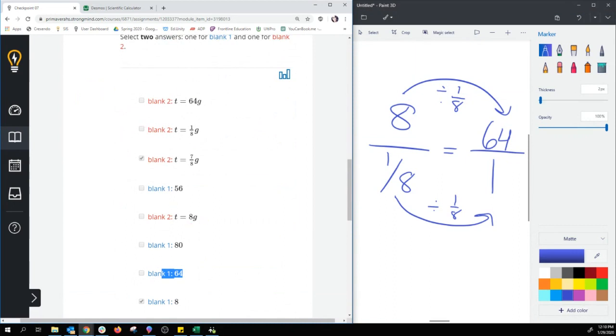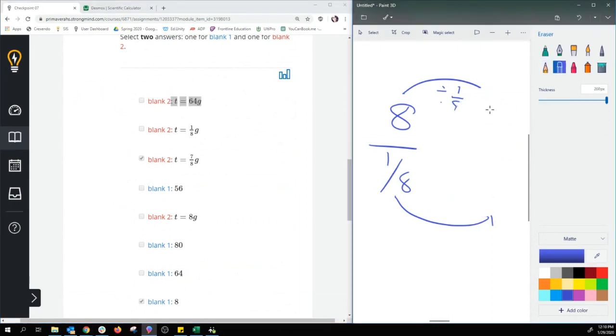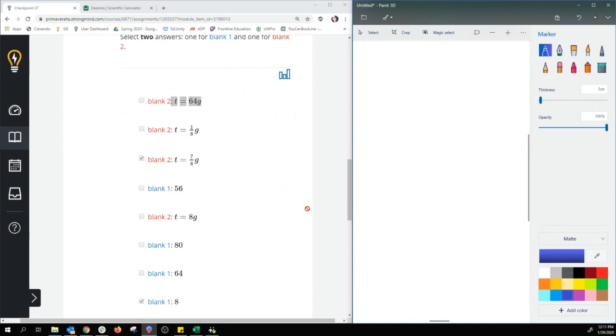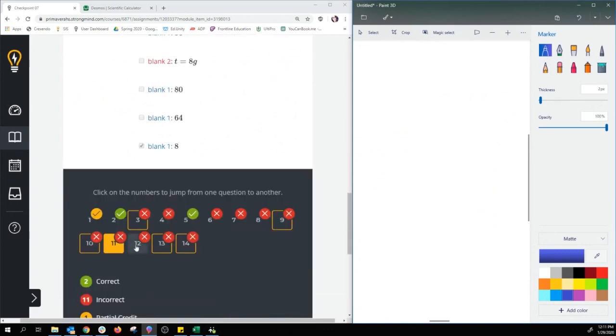The first, second, third, or fourth one? The first one, right? So remember, anytime you're asked to find an equation or pick an equation, always choose the one that has your unit rate. So we want to pick that first one because it has our unit rate of 64. All right. Next one. Are we good?